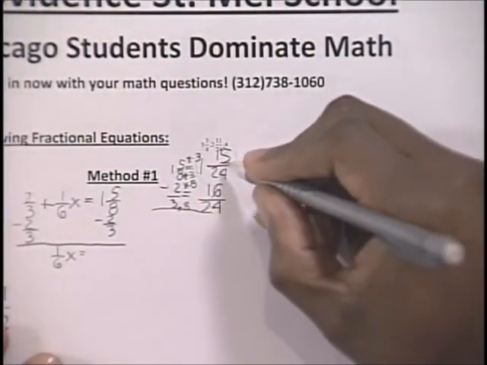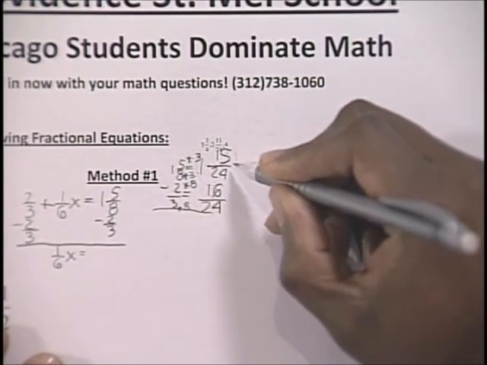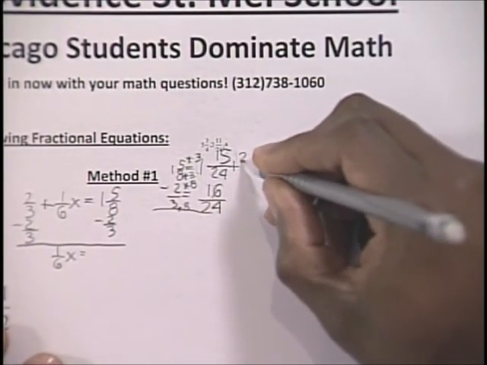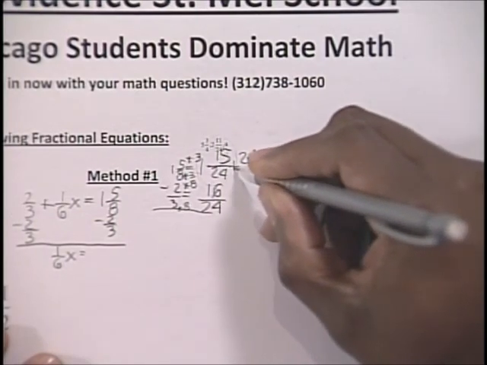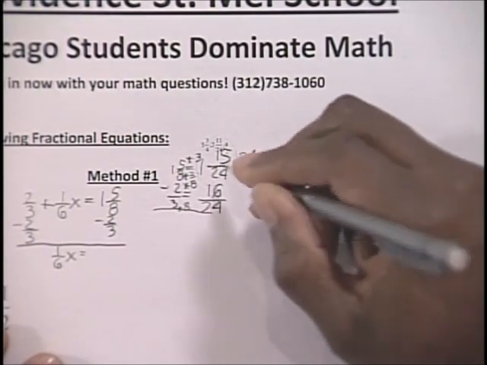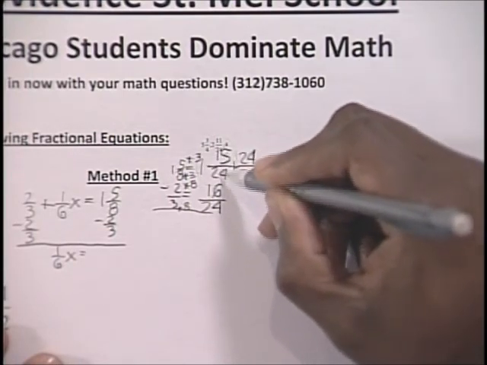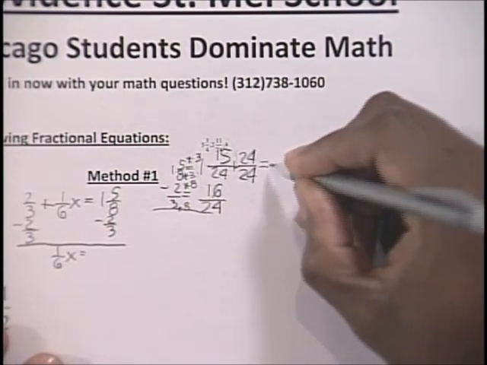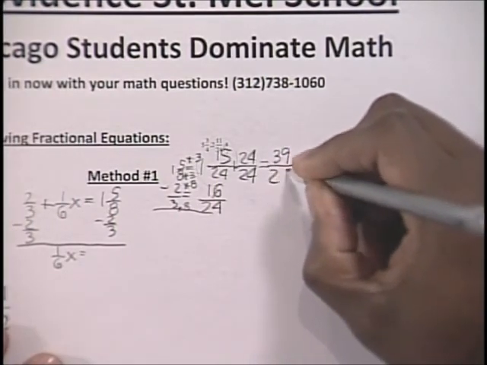So let's take 1 from the whole number and add that 1 to the fraction. We add the 1 to the 15 over 24, and we end up with 39 over 24.